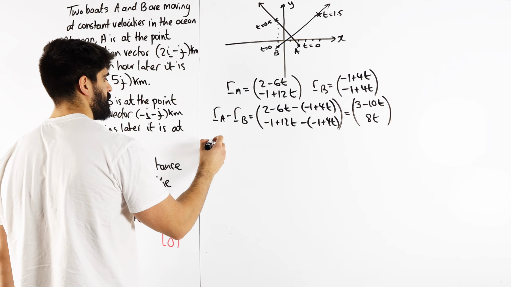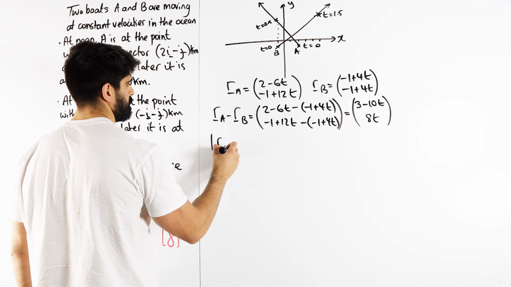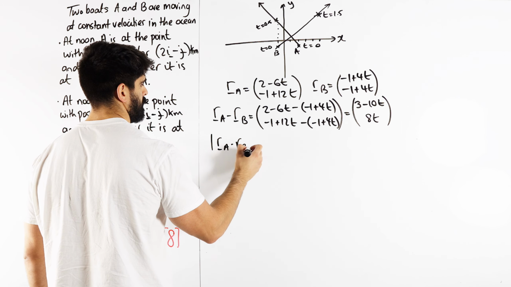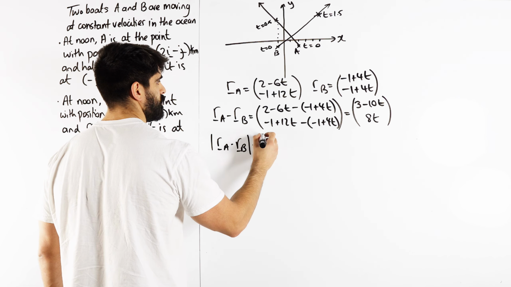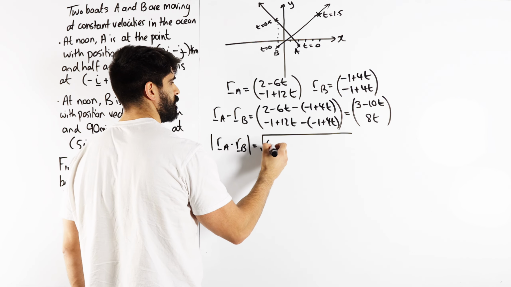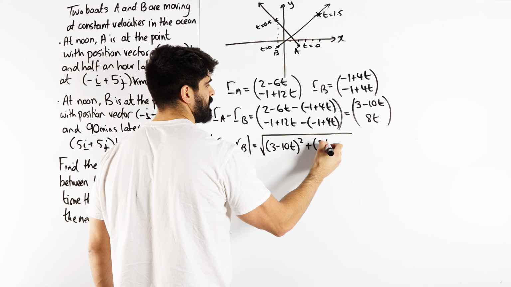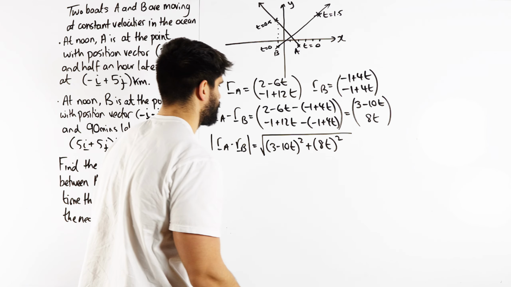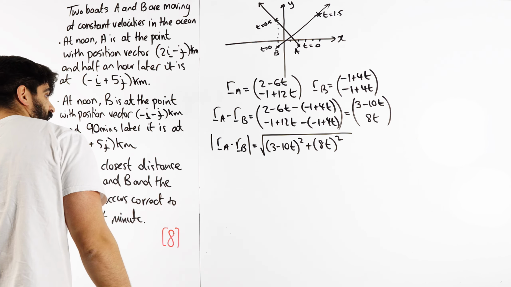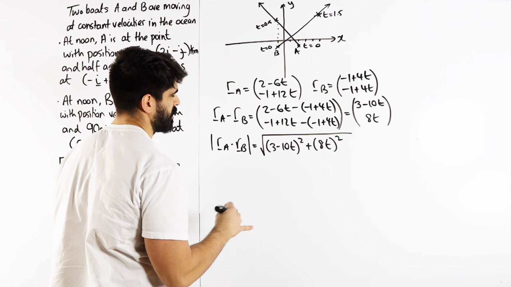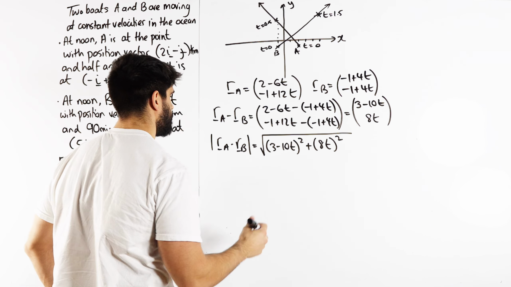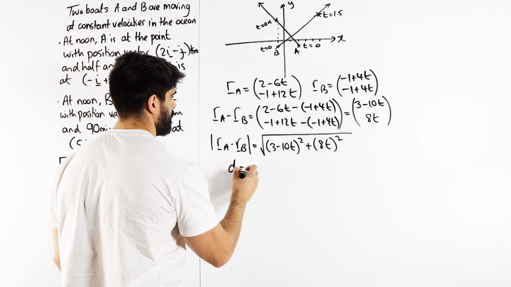Now to do cheeky Pythag. The distance is going to be the root of (3 minus 10t) squared plus (8t) squared. If we call that d, I actually don't like working with the root, but we'll write it like that for now.